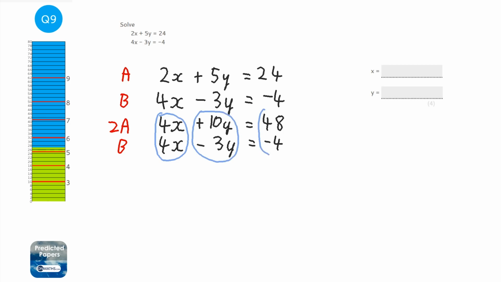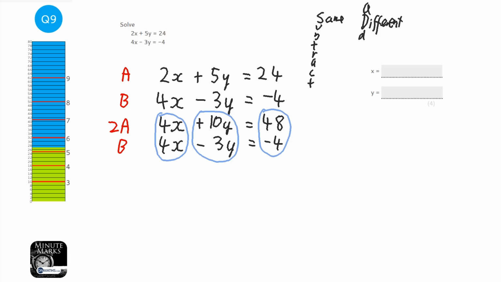I need to look at the sign before the letter that I've made the same coefficient. So I'm looking at the x's and the signs before them. If the signs are the same, we are going to subtract. If the signs are different, we're going to add, and it's that simple.